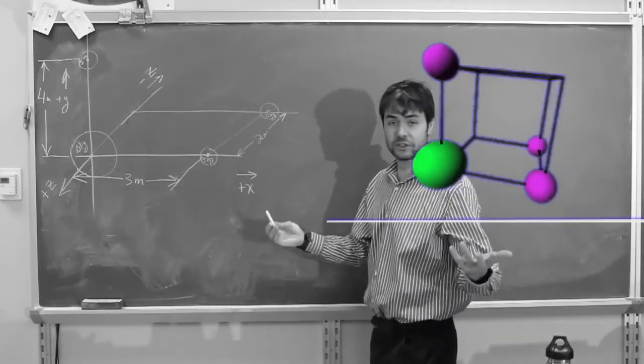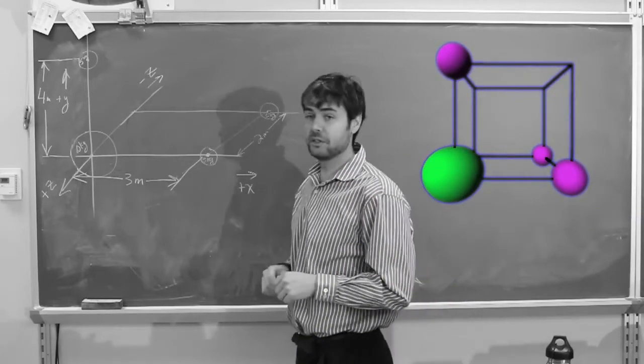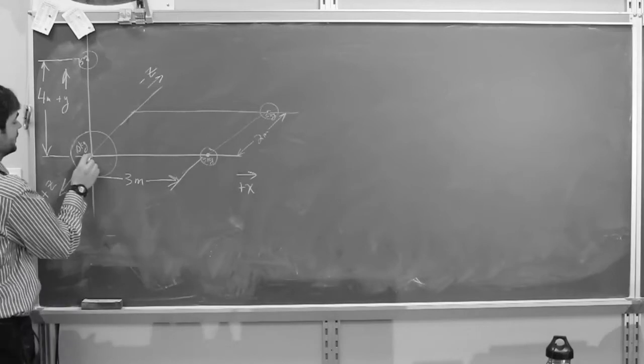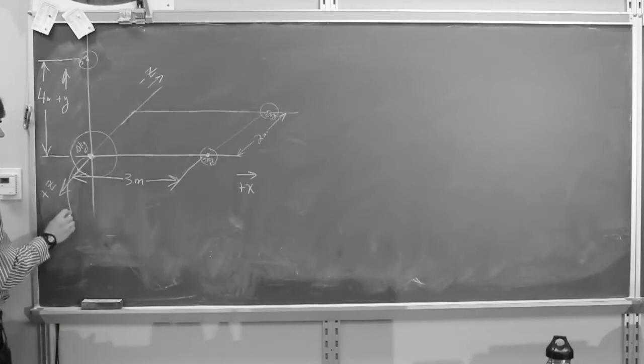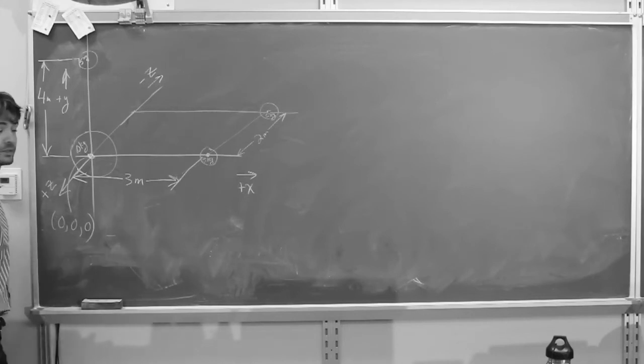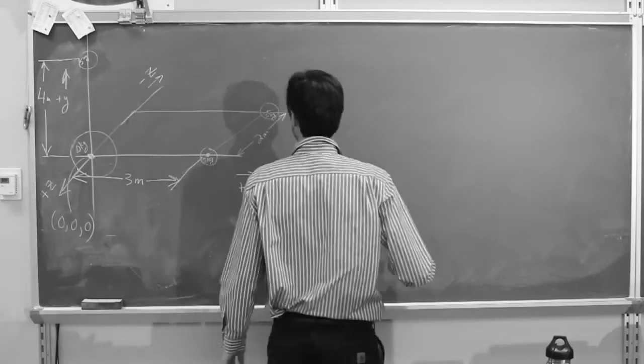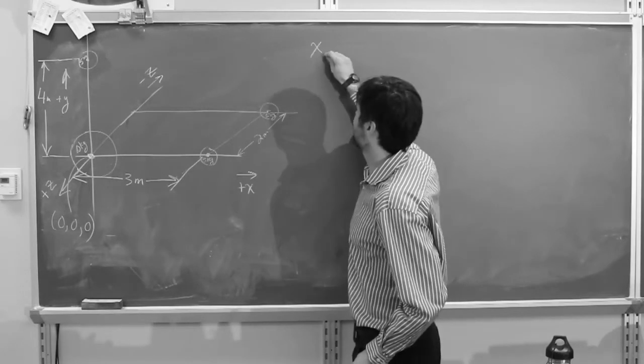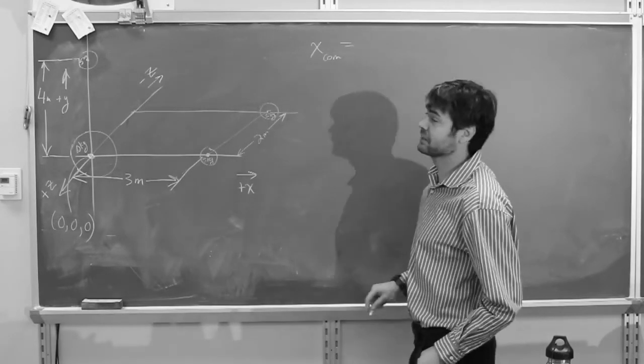So what's the first thing that we need to do? Well, we need to choose an origin. And for this origin, I'm just going to pick this point right here. And that's going to be my 0, 0, or in 3 dimensions, 0, 0, 0. And let's first figure out the vector in the x direction. We'll call that x-com.